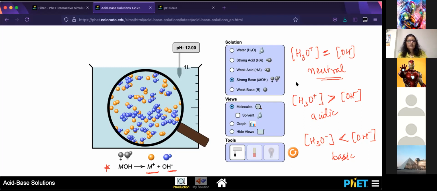Okay. So when you talk about acidic and basic solutions, it is in the relative quantity of H3O plus and OH minus. When they are equal, then it is neutral. If the H3O plus is a lot more, then it's acidic. When H3O plus is less than OH minus, then it is basic.